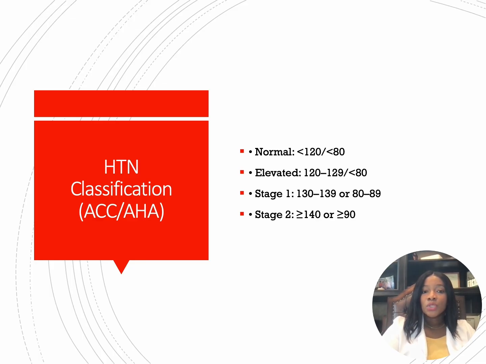So for your exam, you need to know these categories, okay? You need to know what's normal, what's elevated, your stages of hypertension. And on this slide, you'll see that normal blood pressure is anything under 120 over 80, and elevated is systolic 120 to 129 with a normal diastolic, and know your stage 1, 130 to 139 or 80 to 89, and your stage 2, 140 or higher or 90 or higher.